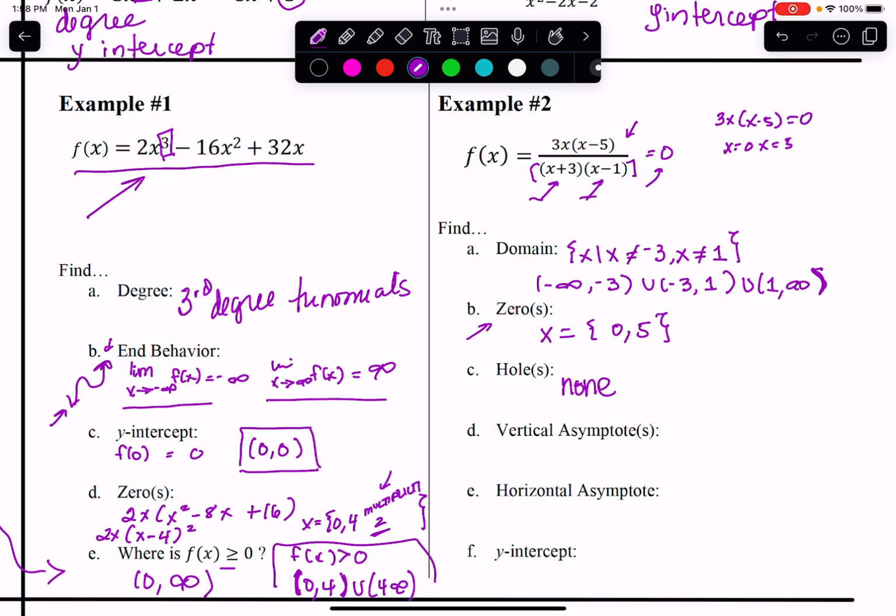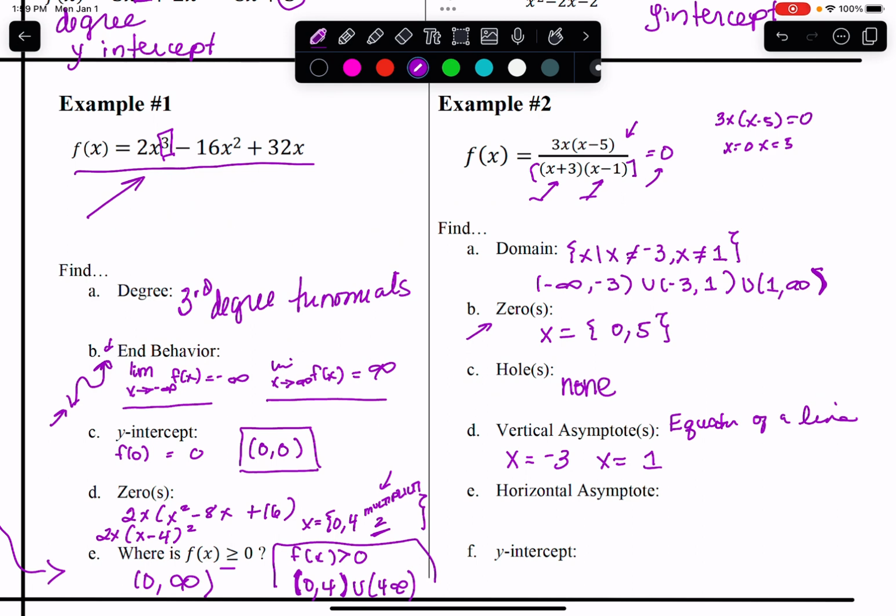An asymptote is an equation of a line. Excuse me. And so make sure that you write it, don't just give me a number here. You need to write it as a line. So it would be x equals -3 and x equals 1. There are two vertical asymptotes.